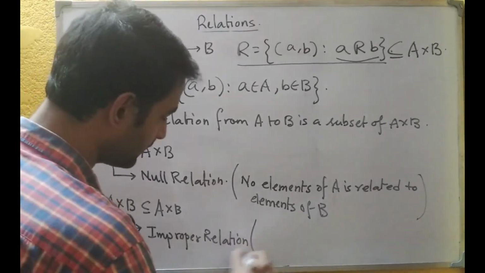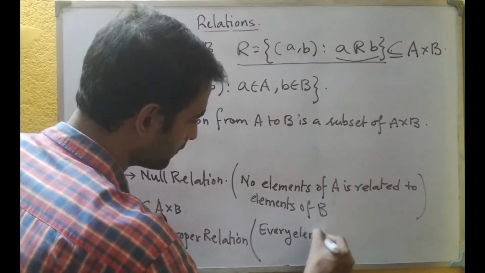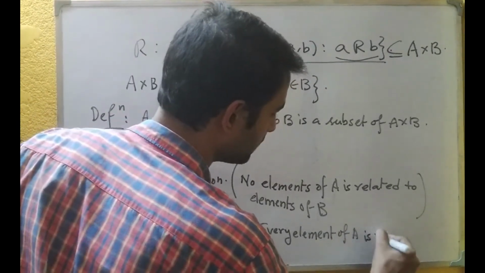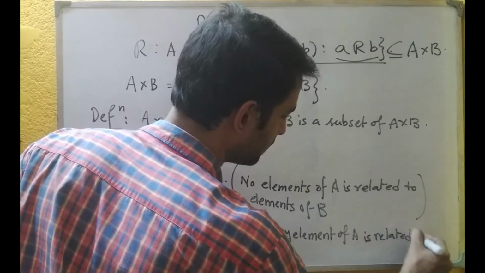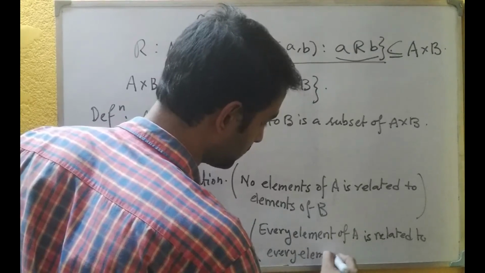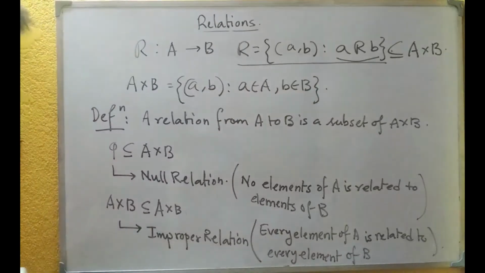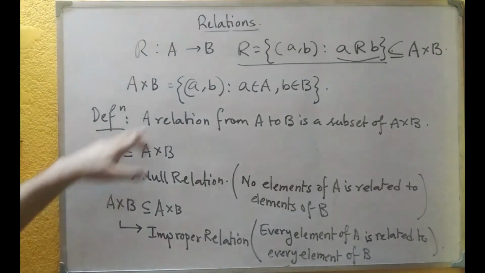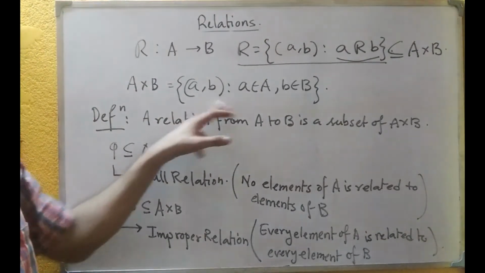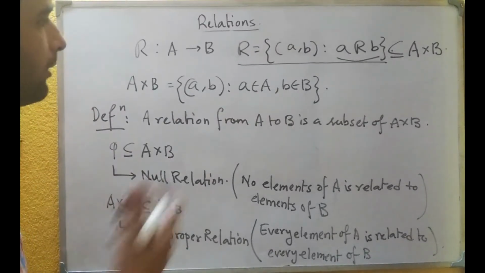And what this says is that every element of A is related to every element of B. So basically we are taking all those ordered pairs from this set, because we are taking the set itself. That means every element is related to some element in the set B.